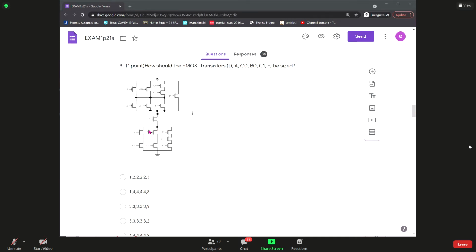size these guys by pointing out, hey, look, when you look at this whole network, there are 2 things connected in series. And I want half an R here and half an R here. So we're going to assign 2x here.